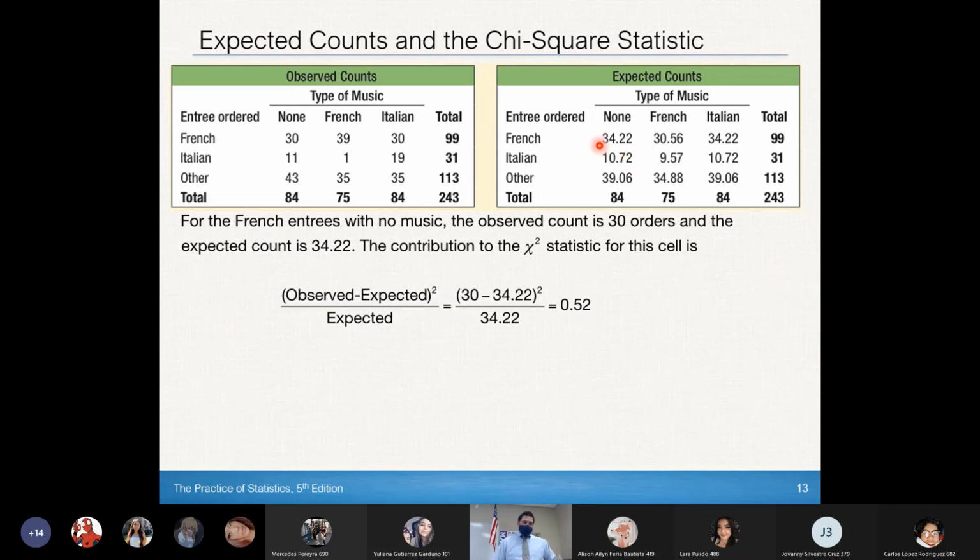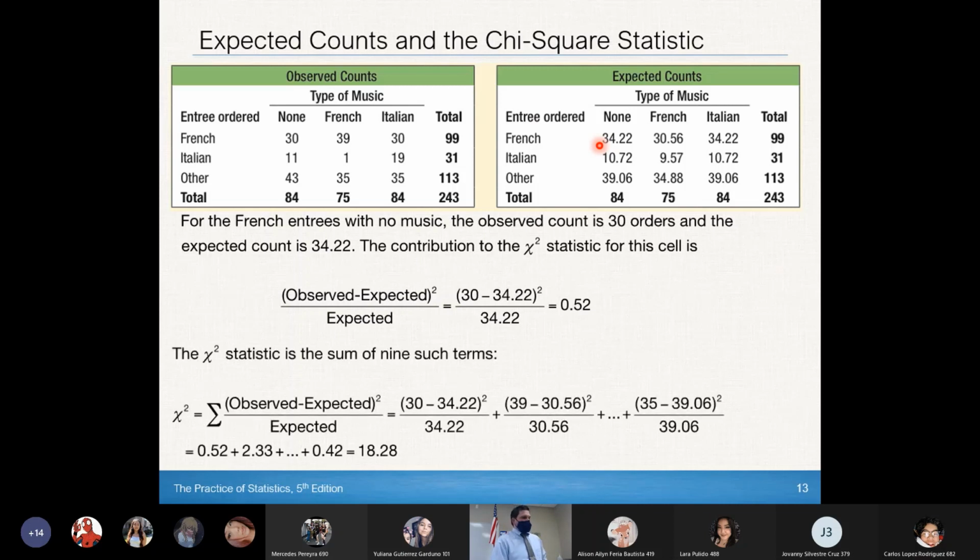We have 8 more. The chi-squared statistic is the sum of 9 such terms, since we have a 3 by 3 table. So chi-squared is the sum of observed minus expected squared over expected: 30 minus 34.22 squared over 34.22, and so on until we get to the end.